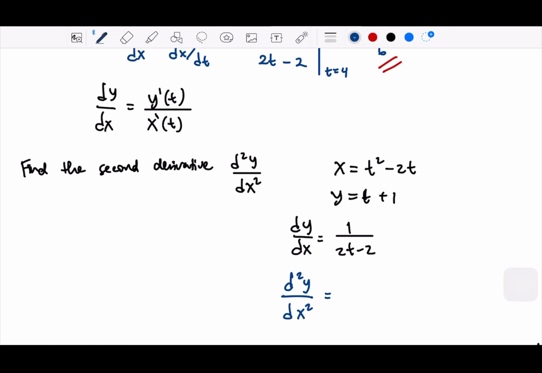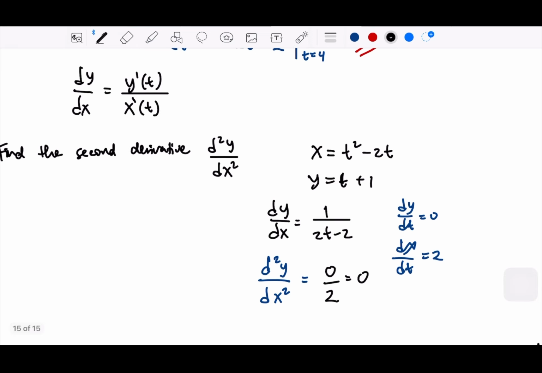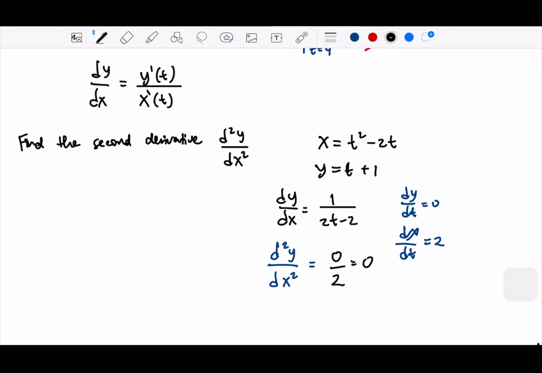So you imagine that dy dt is 0, dx dt is 2, okay? And then you write this will be equal to 0 over 2, 0. Okay. Now this is something that is expected to happen, and this is wrong. Do you know why it's wrong?